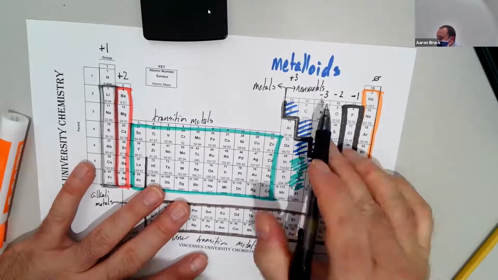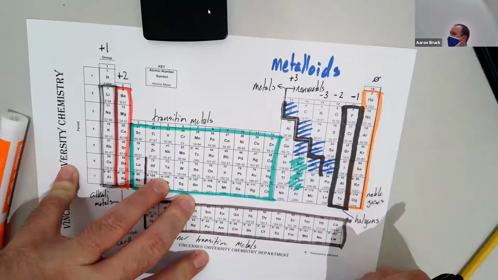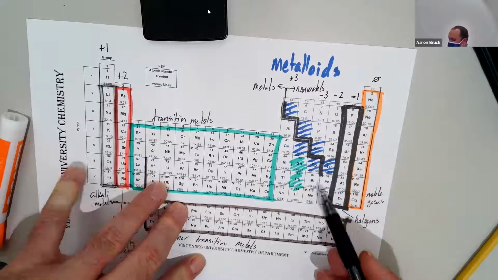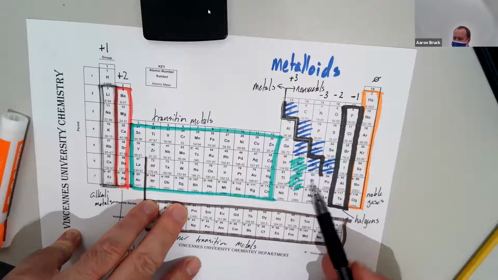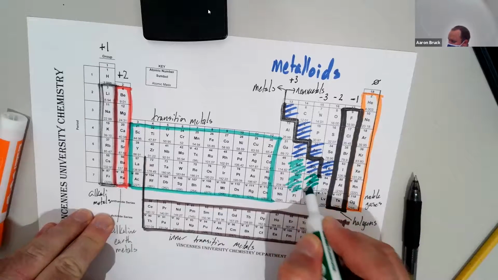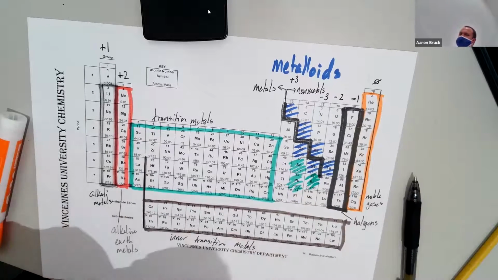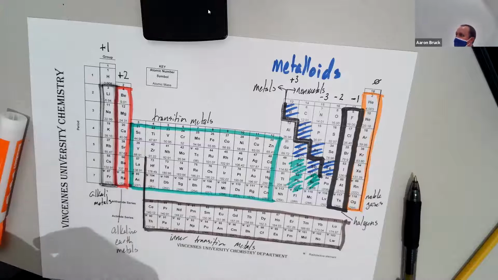Again, these charges apply only to the non-metals in their groups. When you get to something like bismuth here, bismuth actually has more in common with the transition metals than it does with nitrogen. Bismuth actually takes on more of a +3 charge than anything else.